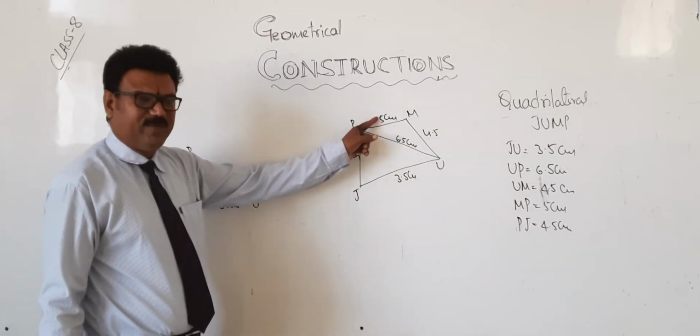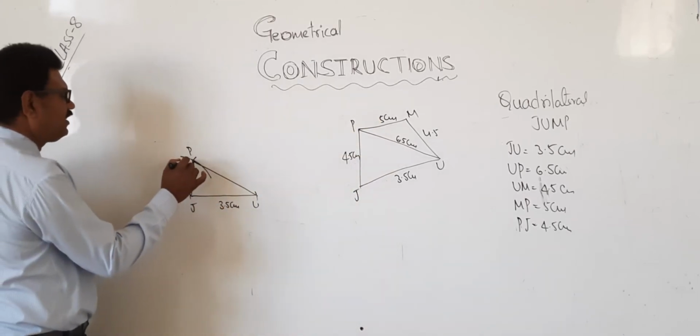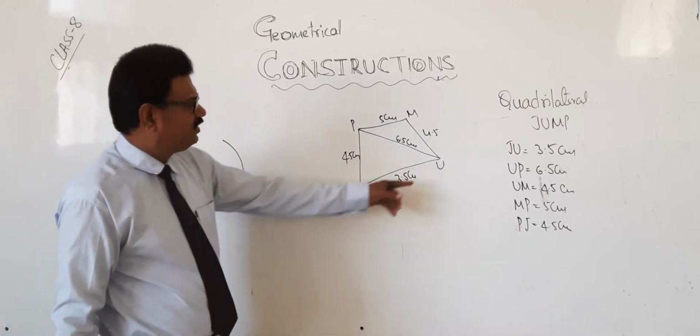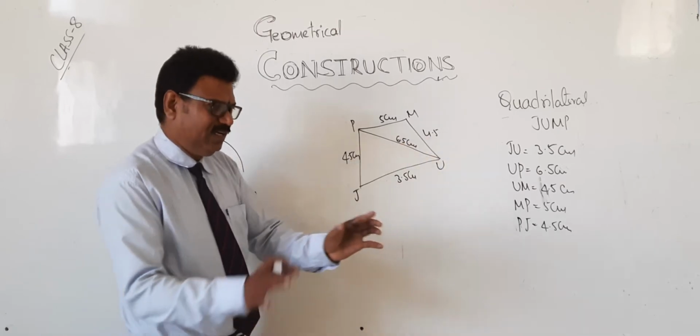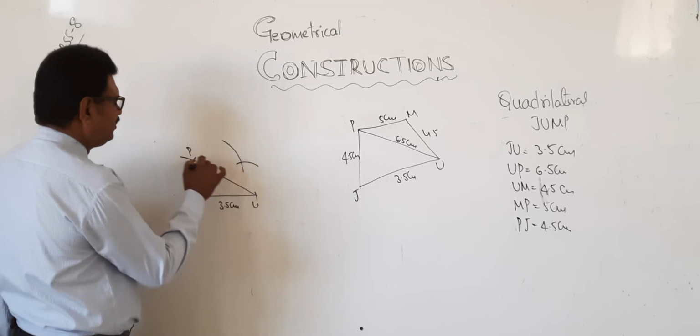Now you do one thing. PM, how many centimeters is there? 5 centimeters. Take a 5 centimeter arc, keep on one end and draw like this. Afterwards, UM, how much is there? 4.5. Take 4.5 radius, keep on one end and draw like this. Over.